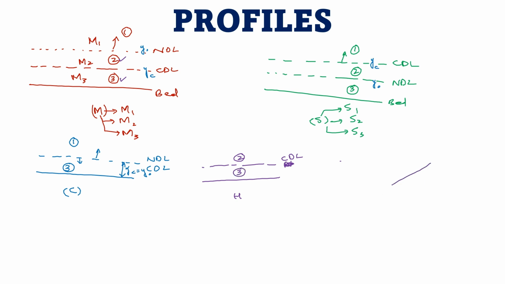And for adverse slope or negative slope, we again will have a CDL line, but there is no Y naught line, or no normal depth line, because the region above the normal depth is known as the first region, and there is no normal depth line. So this will be again region 2 and region 3 for a negative slope.